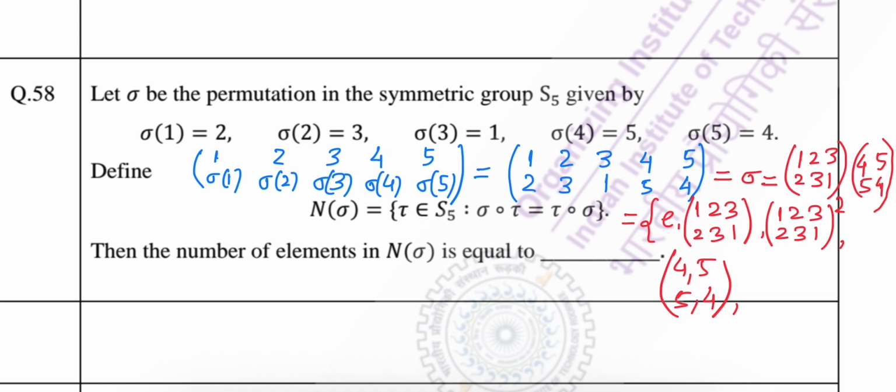So now we will take the combination of these two, so the next element will be the same element, the sigma, and this will be 1 2 3 2 3 1 4 5 5 4, okay.